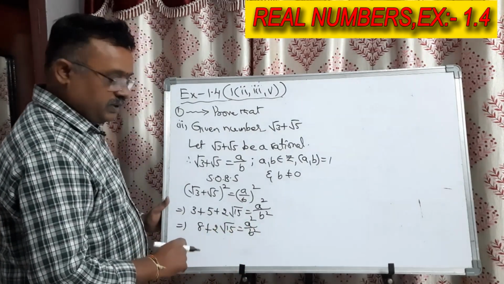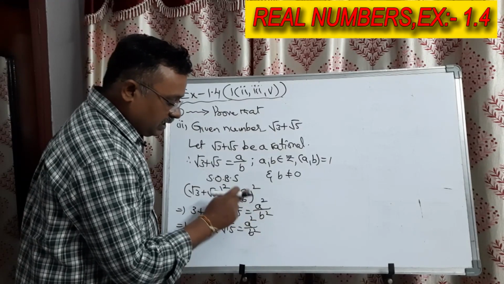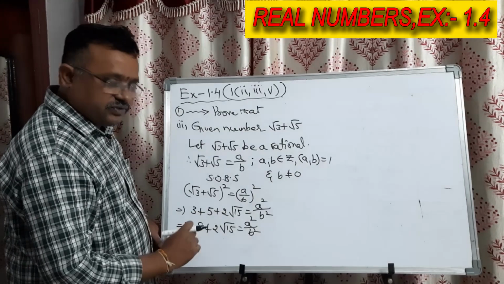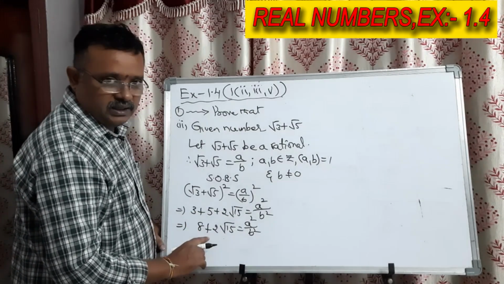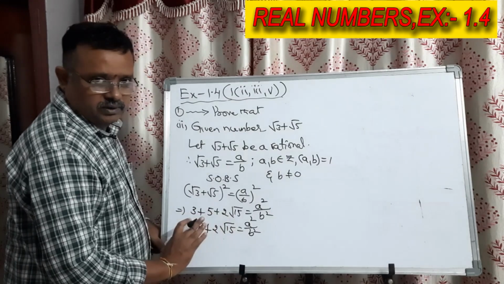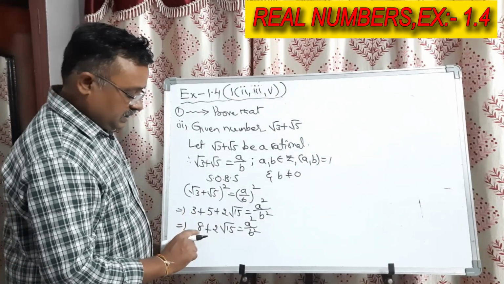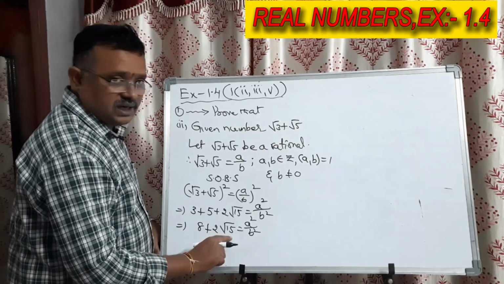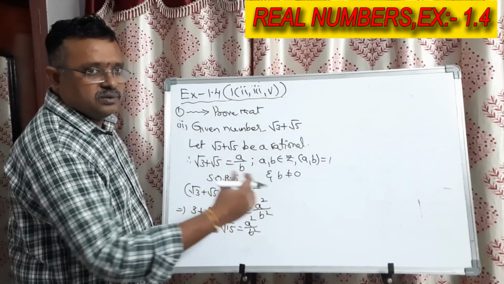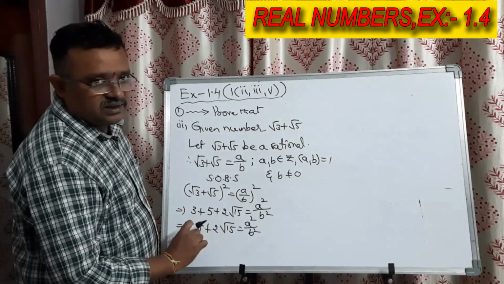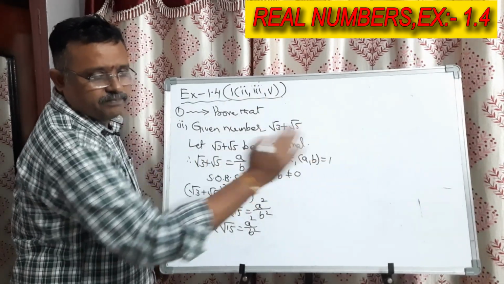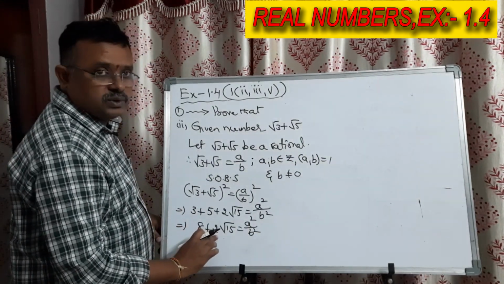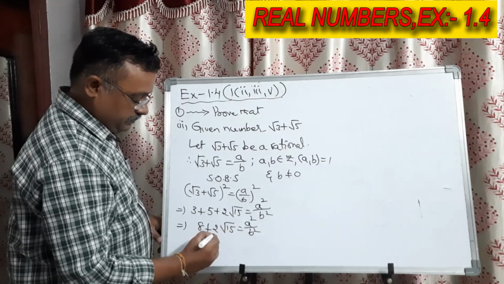Am I clear? Now if you observe, the square of a rational is also rational on the right side. By simplifying the left side part, we got 8 plus 2 into root 15. If you observe this LHS part, 8 is a rational number, 2 is also a rational number, and root 15 is irrational. So what we are trying to do is send the rational terms to the rational side, the right side, step by step. 8 plus 2 into root 15: this is the first term, this is the second term.